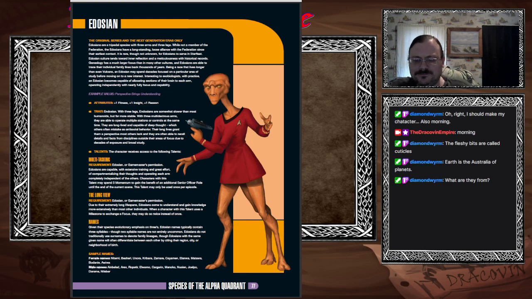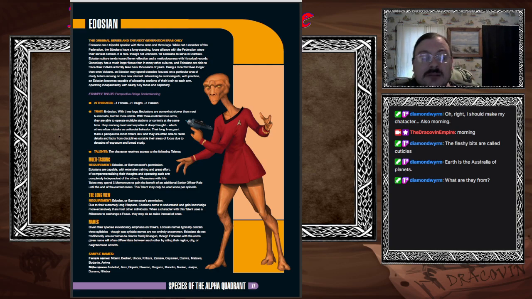Edosians. So, they're a tripedal species with 3 arms, 3 legs. They are not a member of the Federation directly, but they have a long alliance with the Federation since its earliest contact. There are a number of Edosians that serve in Starfleet. It is rare, but not unheard of.